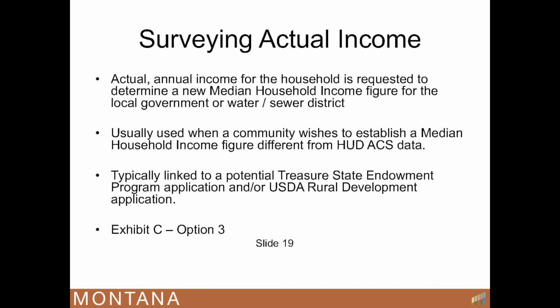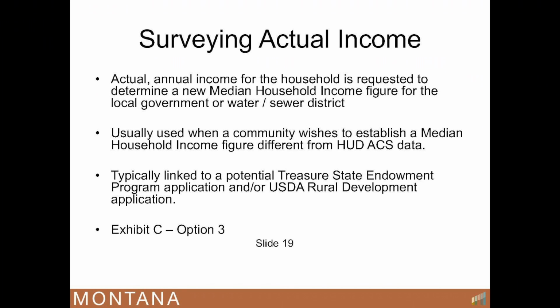Now, this method of surveying is usually used when a community wishes to establish a new median household income figure different from the HUD ACS data. This method is typically linked to a potential Treasure State Endowment Program application and or USDA Rural Development application. The model is presented in Exhibit B, Option 3.